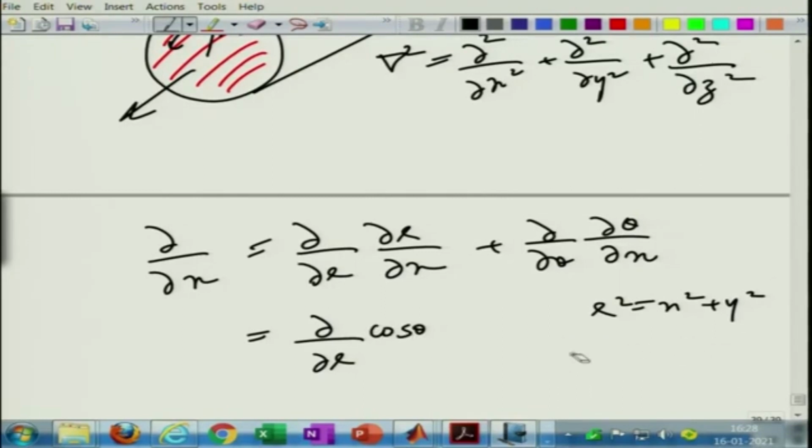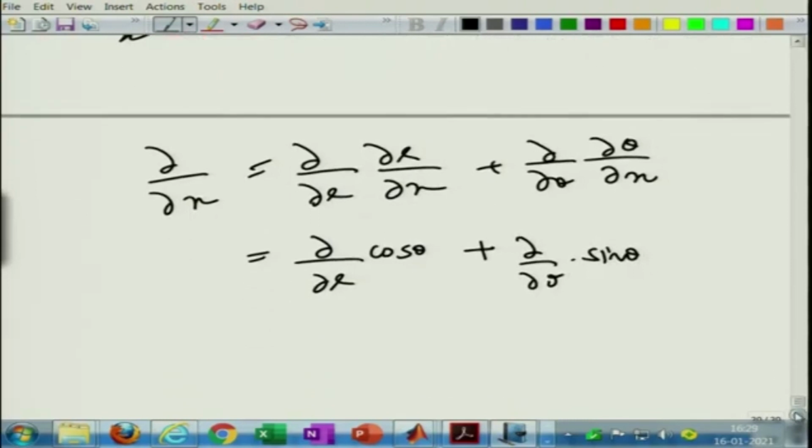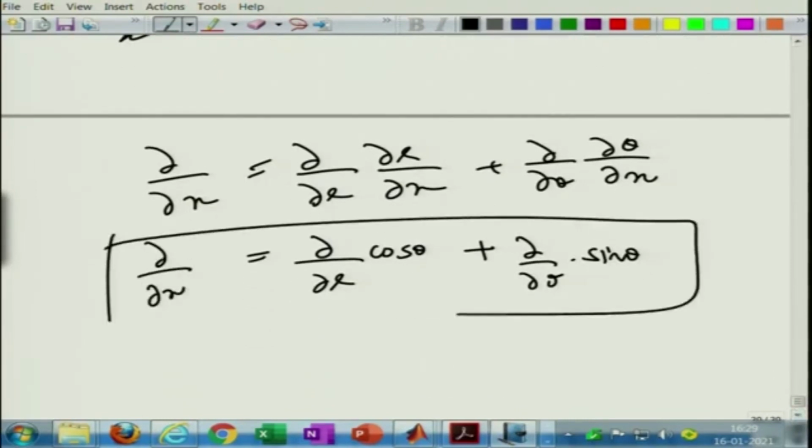In a similar manner, what we are going to get here will be sin theta. So, this is what we are going to get.